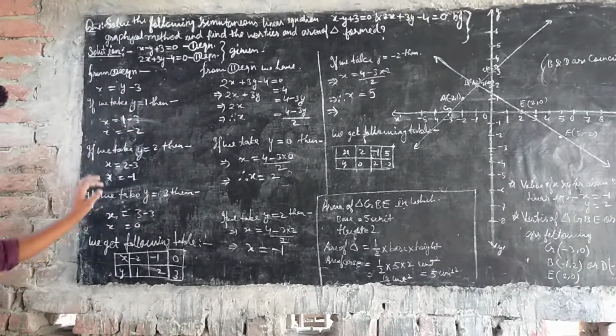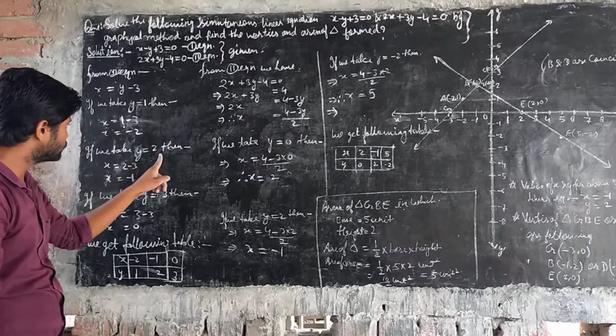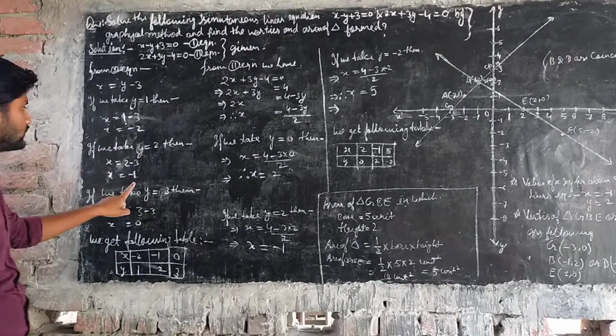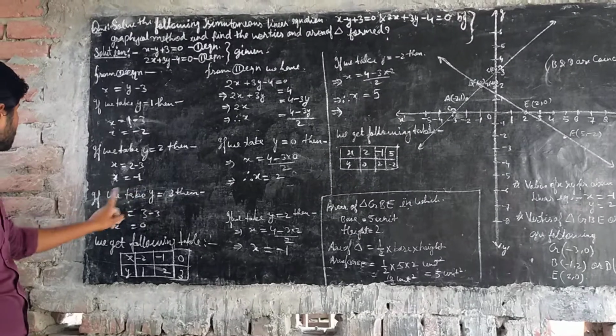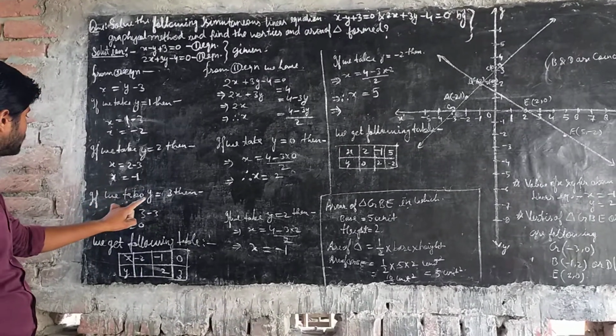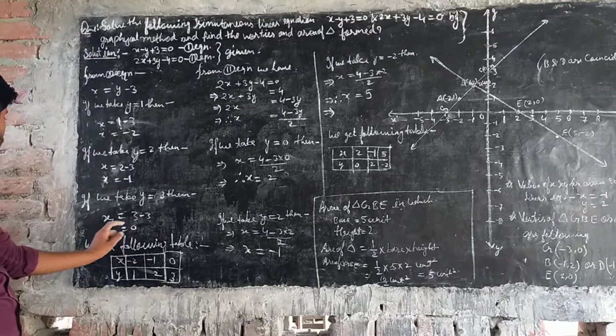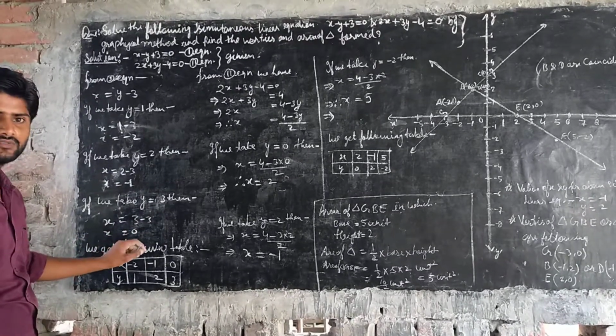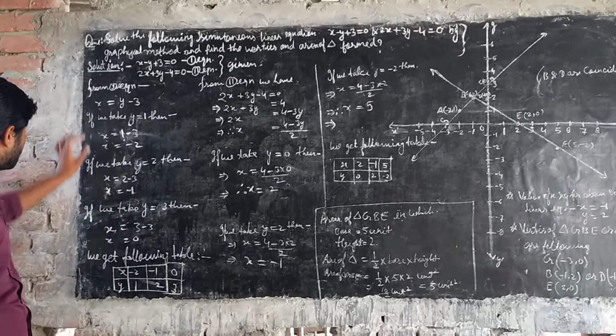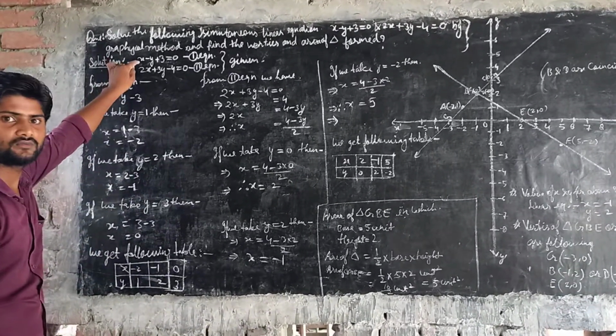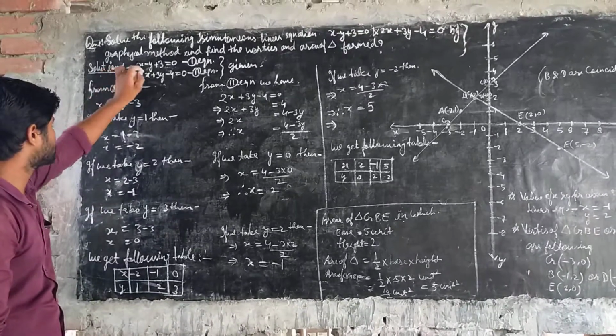Next, if we take y is equal to 2, then x is equal to minus 1. Third point, if we take y is equal to 3, then x is equal to 3 minus 3, x is equal to 0. These are the 3 points of the first linear equation.